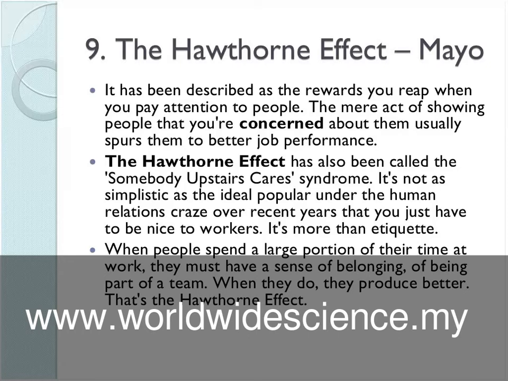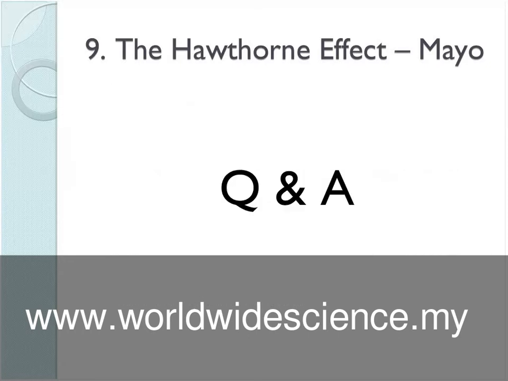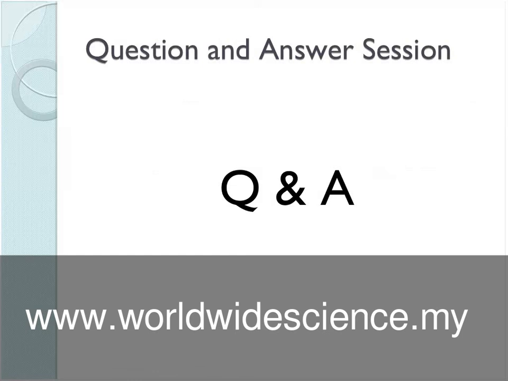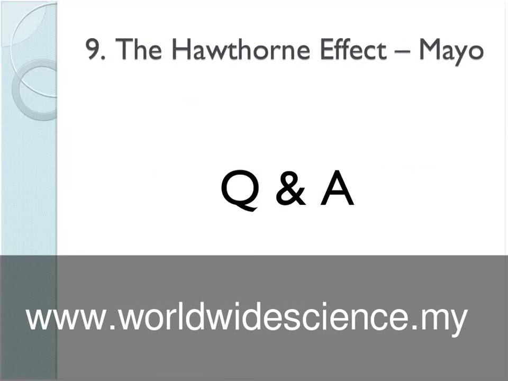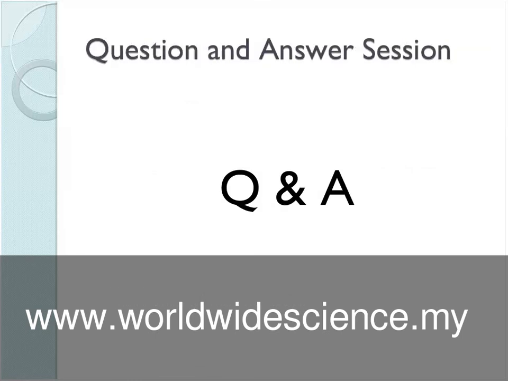And that's all. So we have looked at the 9 main motivation theories. If you read on the internet or in other literature, maybe you can find some new, recent theories. But these are the main motivation theories which companies use.